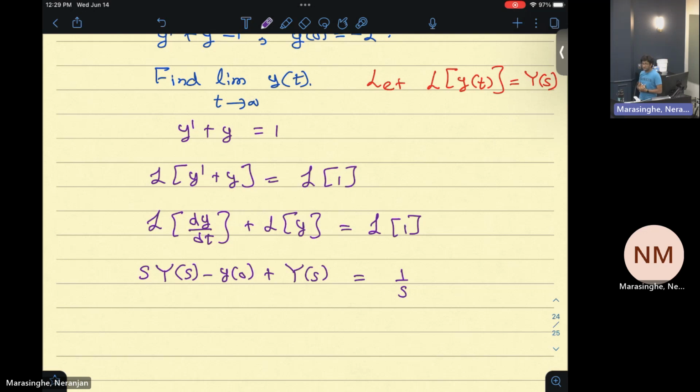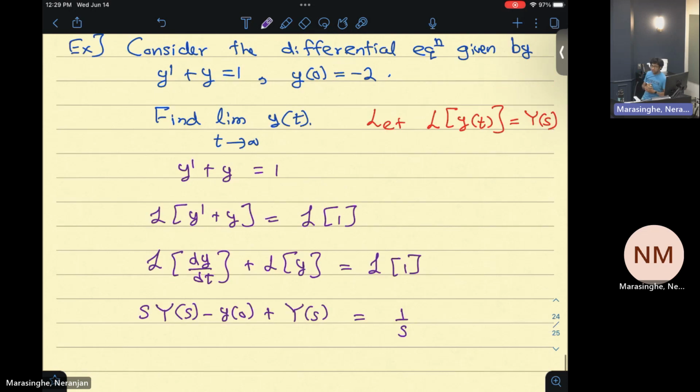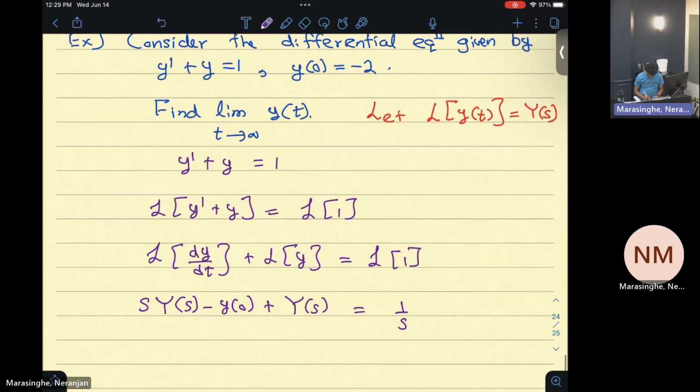Can you solve for Y(s)? Plug in y(0), which is given as -2. You would get Y(s)(s + 1) - (-2) equal to 1/s.